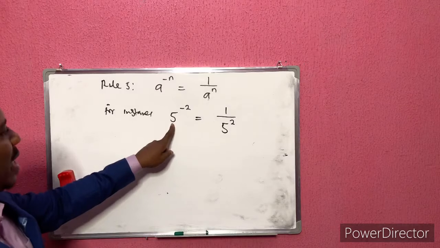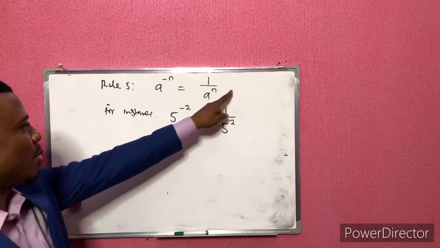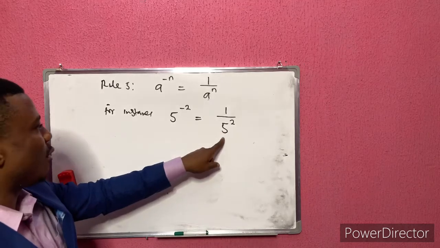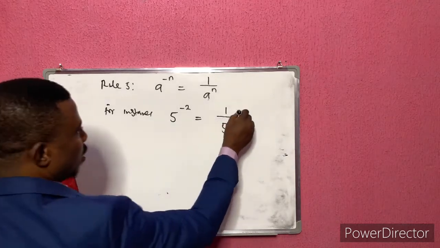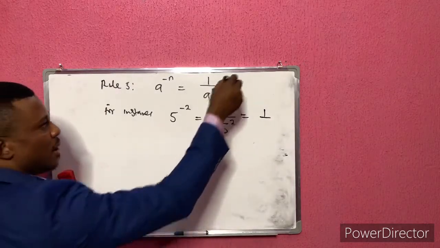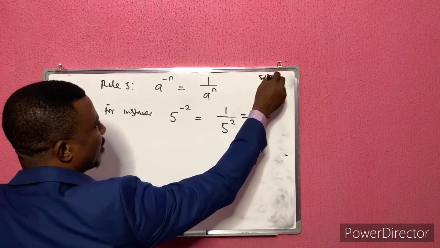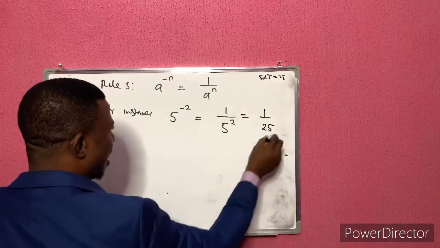Because 5 is the base, minus 2 is the index, so you're going to have the reciprocal of 5 raised to the power of the index. It will give us 1 all over 5 power 2, which means 5 multiplied by 5, 25. So 1 over 25 is your answer.